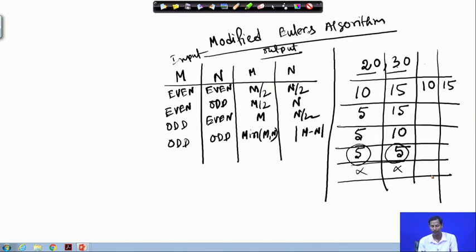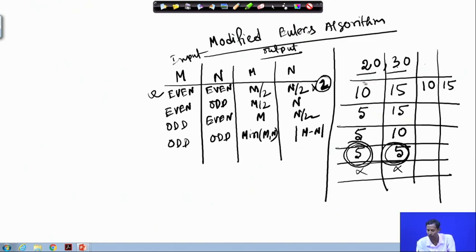Now, according to this, when both the numbers are even, at that time the output value will be multiplied with 2. Output value means finally whatever remainder is coming over here, that will be multiplied with 2 for each of these even cases.